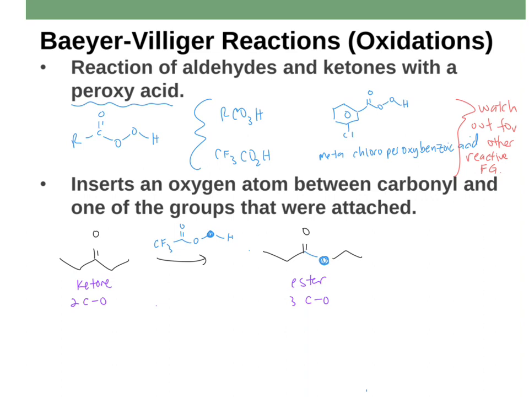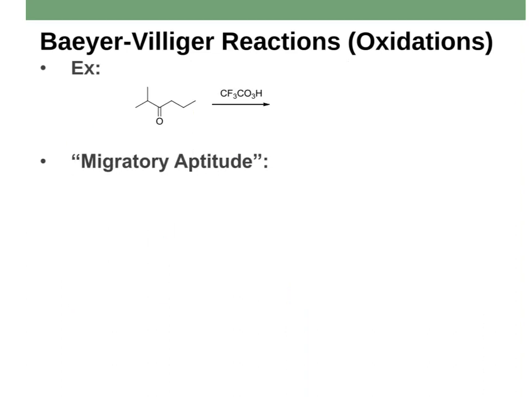So we need to talk about the migratory aptitude, or how likely groups are to move, right? Because let's say I have this ketone, right? Now the 2 sides are not the same thing. Because I could get one product where I add the oxygen on the left-hand side, and I'll draw it like this.